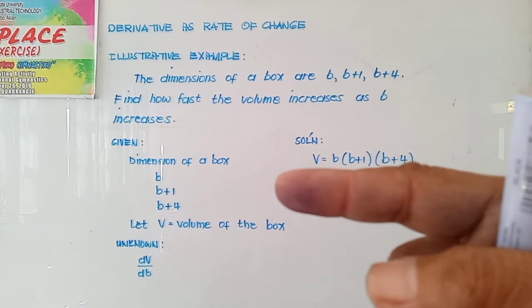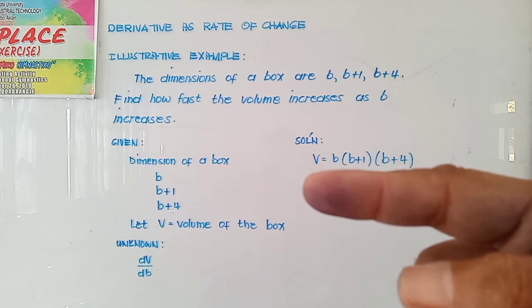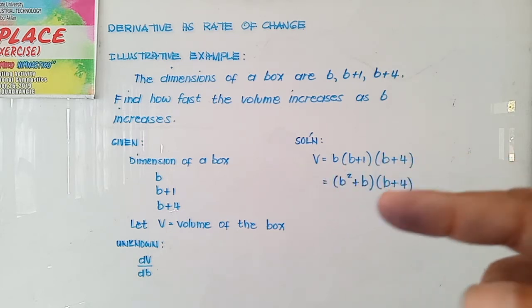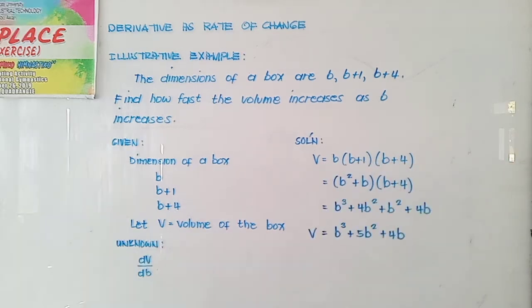But you know probably through algebra that you may do away with those grouping symbols by multiplying these factors. And thus we will come up with a function in polynomial form, a third degree function of b.